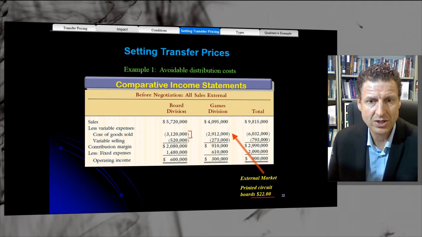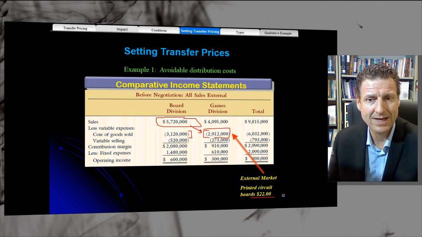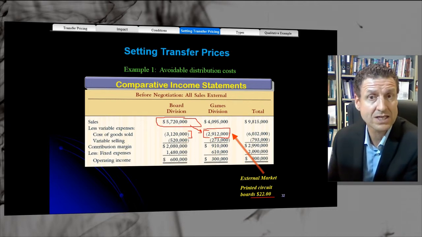Games division is actually buying the boards from board division, and that will be registered in here. The transfer from the board division will be registered here in the games division as a sale, and so that becomes a cost of goods to the games division. You can see that transfer going on, and that's at $22, and that's normal for external market.